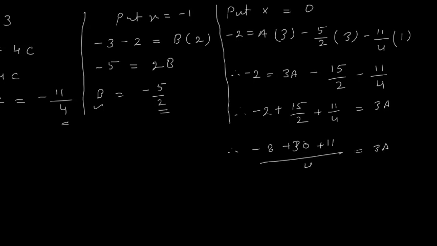Now 30 plus 11, that is 41. 41 minus 8 is 33. So it is 33 divided by 4 equal to 3 times a. So therefore I will have a equal to 11 divided by 4. The value of a is 11 divided by 4.